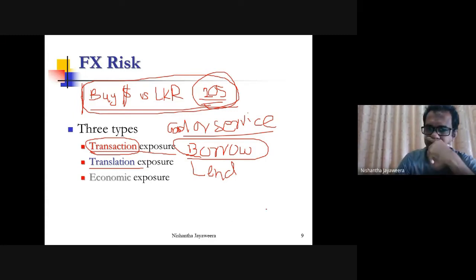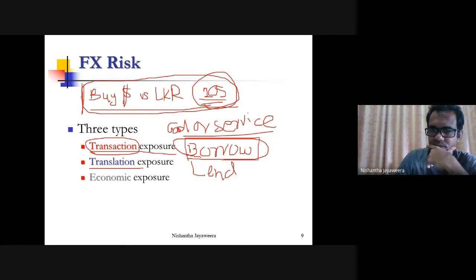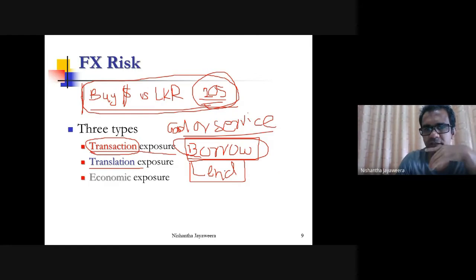But once you borrow it, or once you lend it in foreign currency, you get the cash flow or you pay the cash flow, then still you have an asset or a liability in your balance sheet in foreign currencies. But daily with the exchange rate, the value of that asset or liability would change. That will count as a translation exposure.